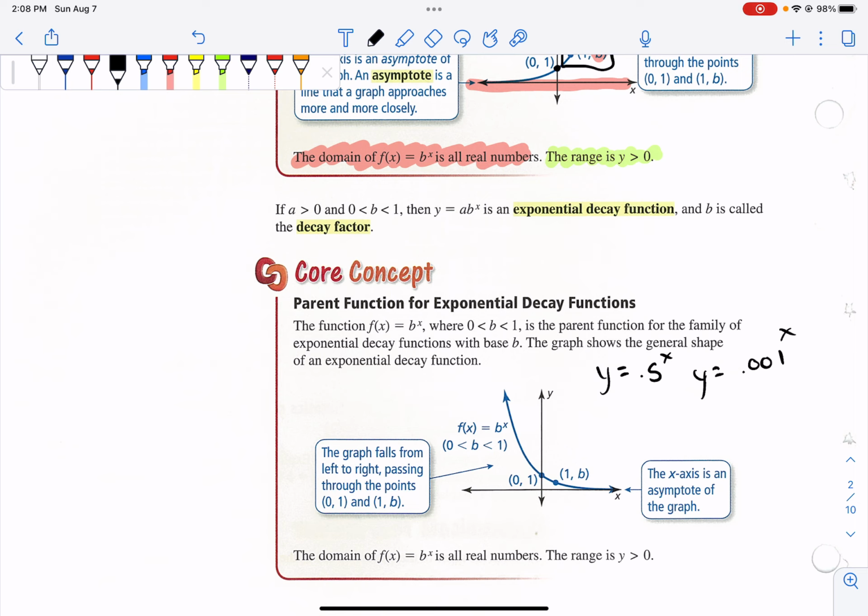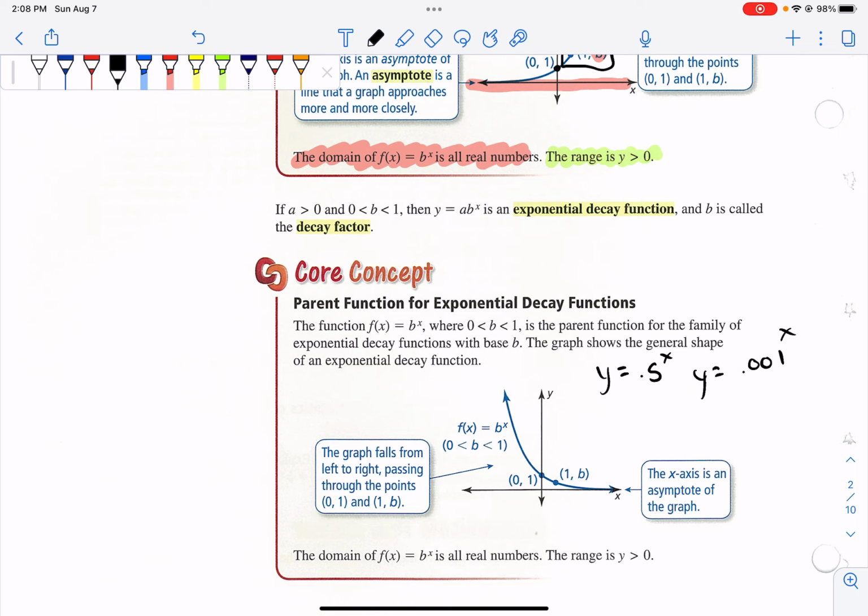Your function is getting smaller and smaller over time. Instead of growing really fast, which you want your savings account to do, this function gets smaller and smaller over time, which is what you want for something like sicknesses in the world, or virus counts, or cancer loads. Those are things that you want to get smaller and smaller over time, right?